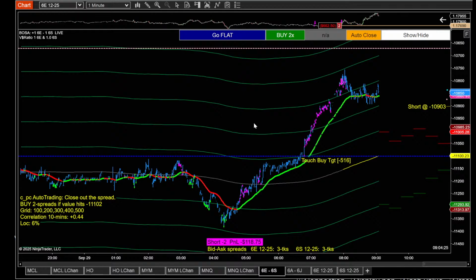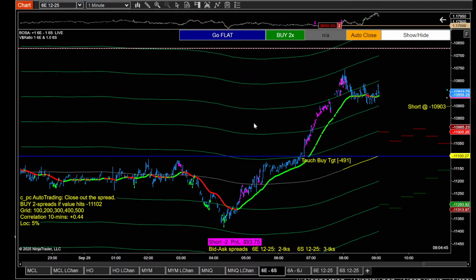And if we had a big news spike in Europe, let's say, a war or economic crisis, you would expect the 6E and the 6S to move in similar fashion. So you're actually reducing your risk.